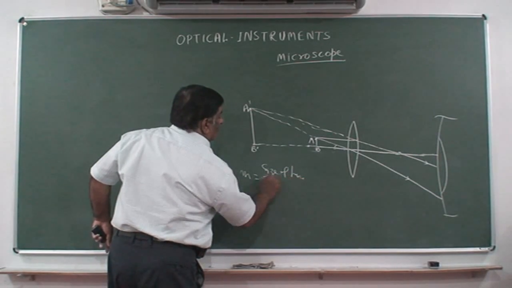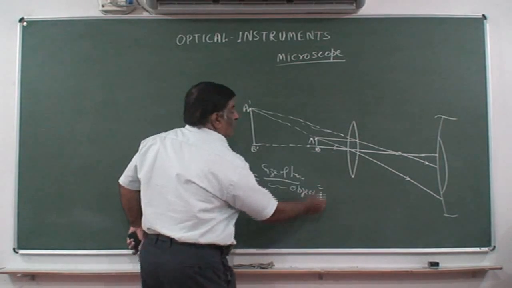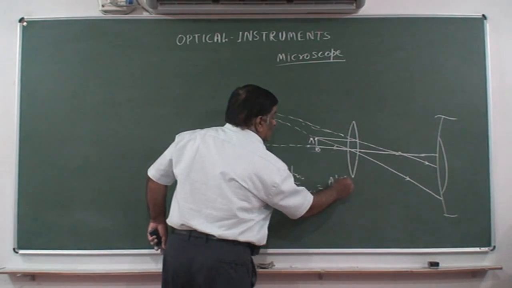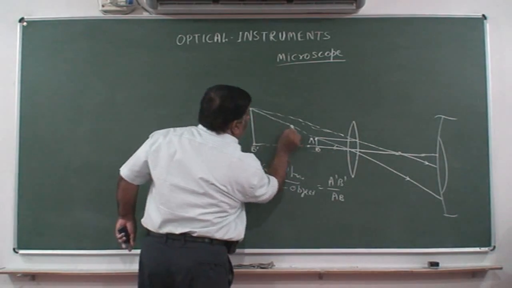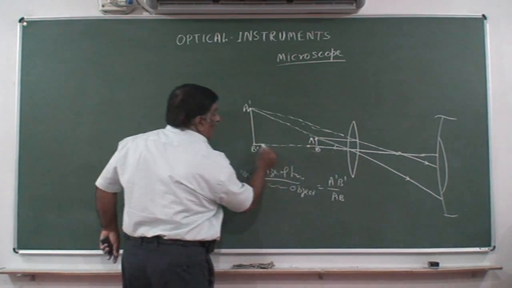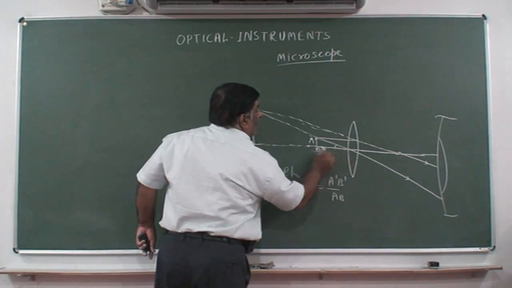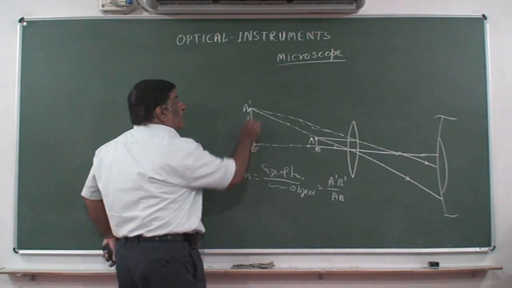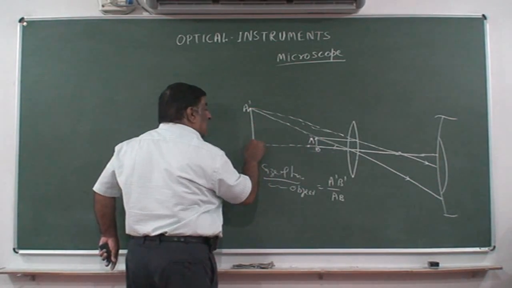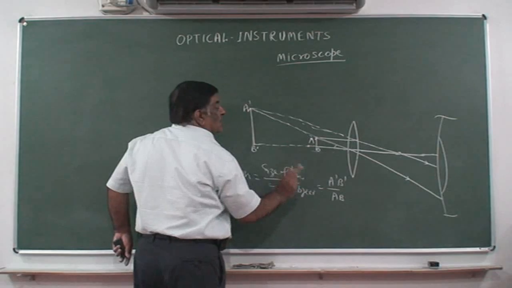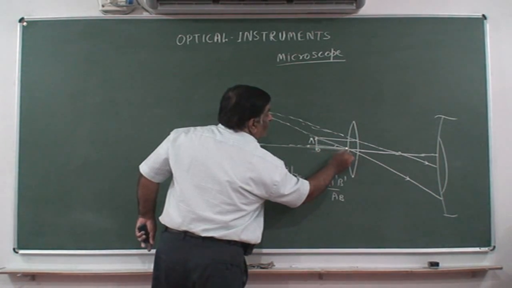This is equal to A dash B dash upon AB. But if you compare these two triangles, one is this triangle containing A dash B dash and one is this triangle containing AB. Now these two are similar triangles, so ratio of this line upon this line is equal to ratio of this line upon this line.